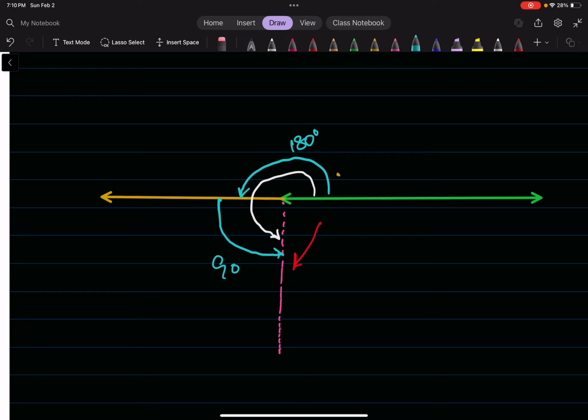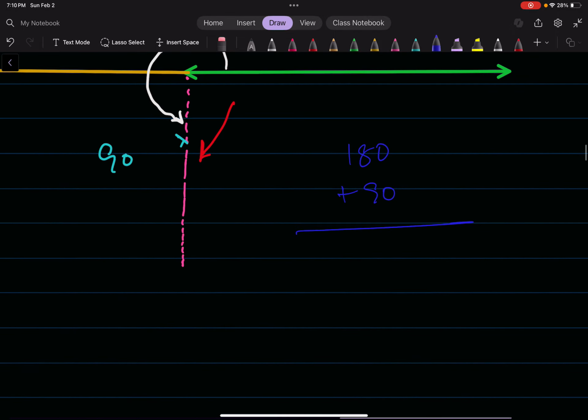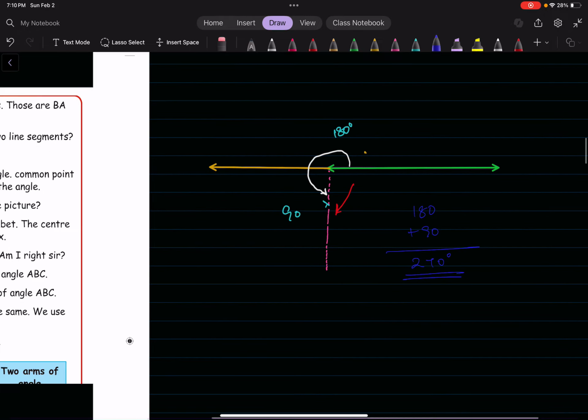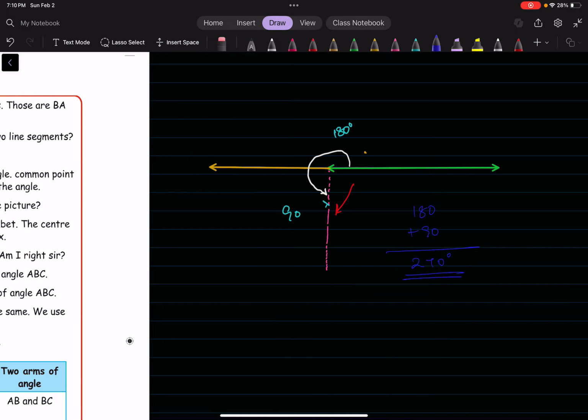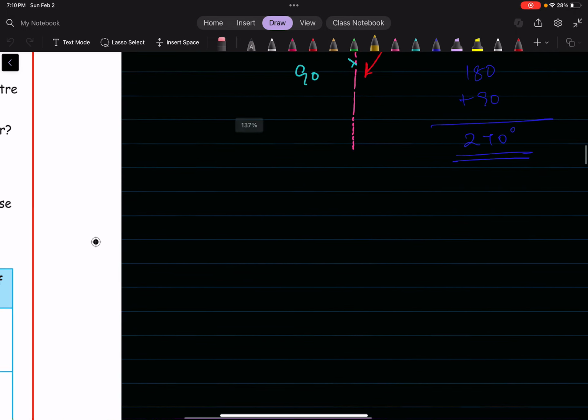Now when we add them, we get the angle made by the pink line with respect to the green line, which is 180 plus 90, equal to 270 degrees. This is the main concept that you need to understand, that angles can be added and angles can be subtracted as well.